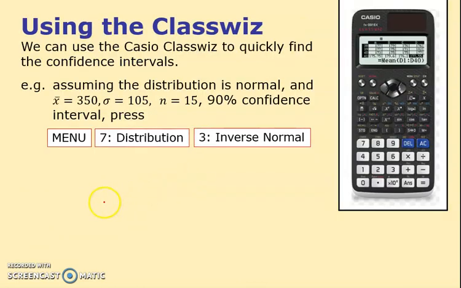So on the class widths, what are we doing? I'm going to draw it down here. We are going to draw a normal distribution curve. It says assuming you do a sample and you get 350 as your mean. So imagine I do a sample and I get 350. And it says what sigma is: we've got the square root of 105, so sigma equals 105.